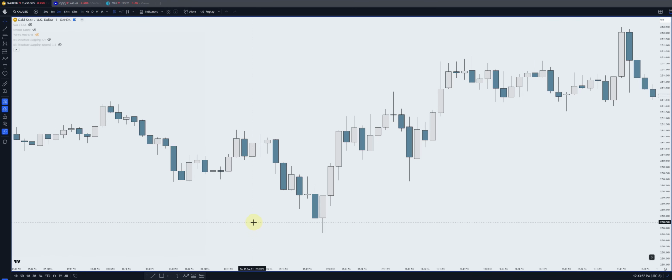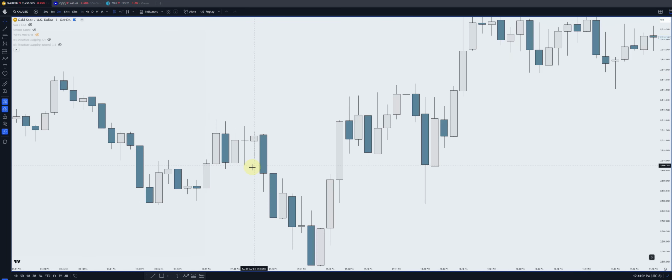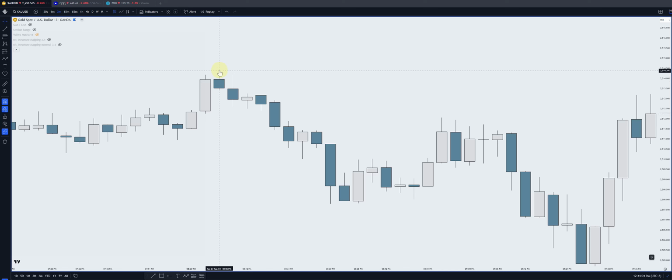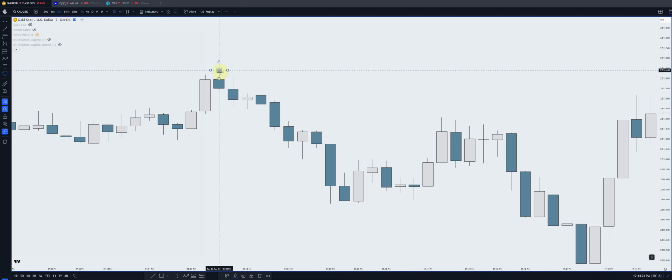Let's see some examples. So let's start from here. Look here. This is the high. You can say the highest high. But this high is lower than this high. And one candle on the right, this high is lower than this high. So it means that this high is the highest high. So we call this one a three candle formation or swing point.